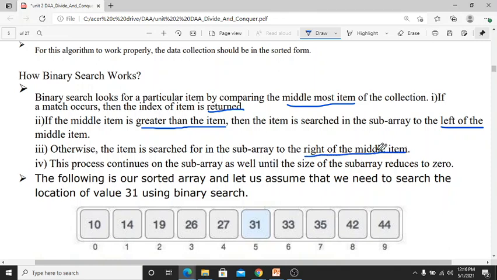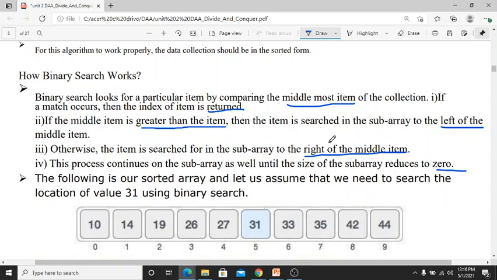If the middle element is greater than the item, it will be searched on the left of the middle. If the middle element is less than the item you are looking for, then it will search the right side subarray. Then this process continues on the subarray until the size of the subarray is reduced to 0.